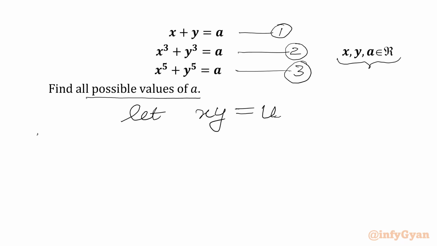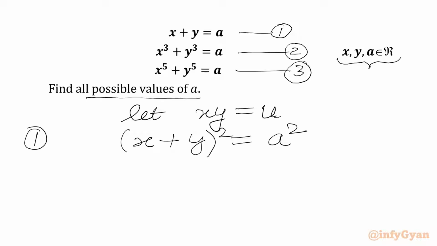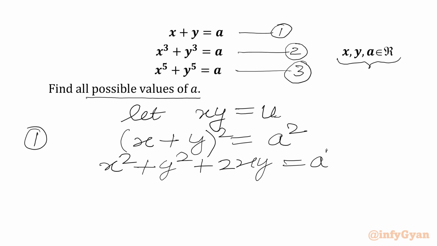Now we will begin with our first equation, which is x plus y equal to a. Now we will consider squaring both sides. Now x plus y whole square is x square plus y square plus 2 times xy equal to a square. Now x times y is u, so here we can put u.